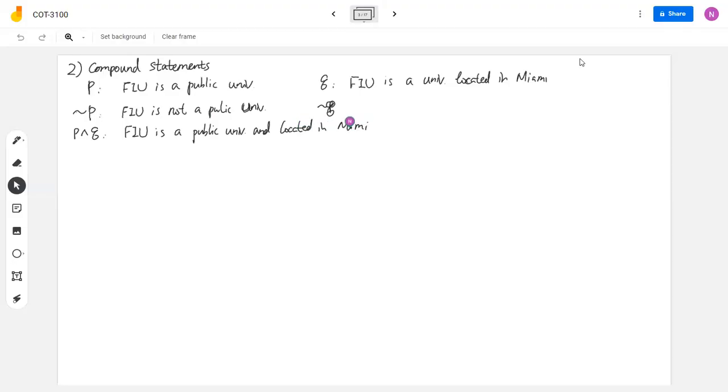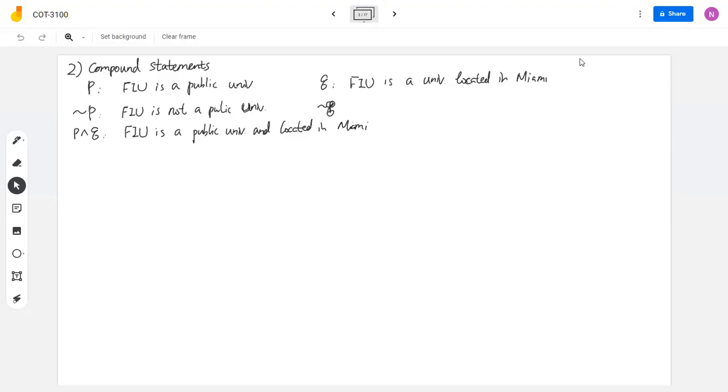It doesn't matter whether the statement is true or false. We just want to understand what kind of proposition we get if we combine two propositions using these logic operations.